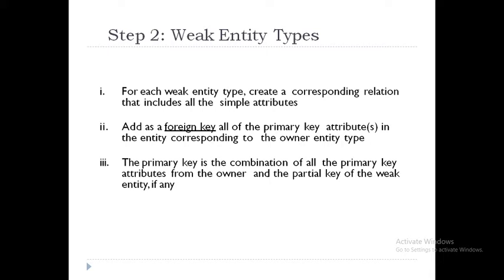Okay, so when you convert a weak entity into a relation, then the primary key for that relation will be the combination of the primary key attributes of the identifying entity type or the owner entity type and the partial key of the weak entity type. Okay, so that combination will become the primary key of this relation.